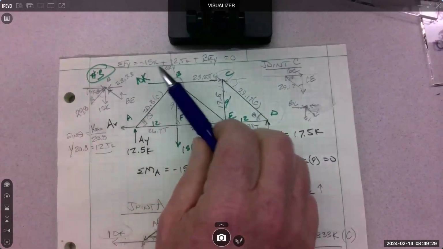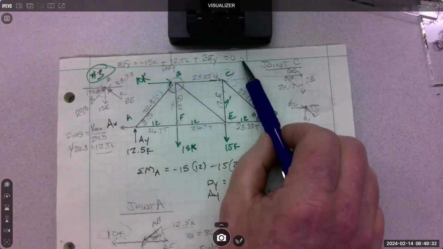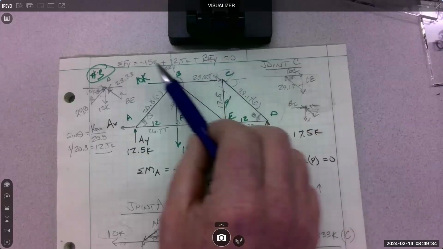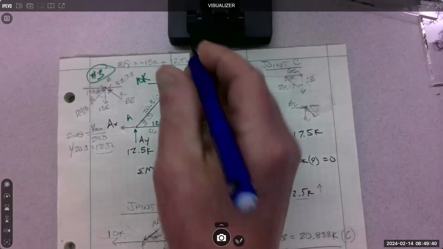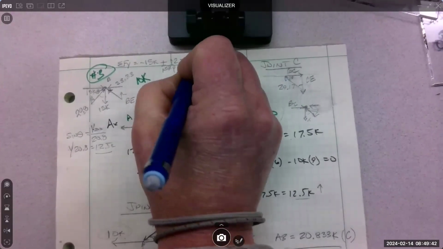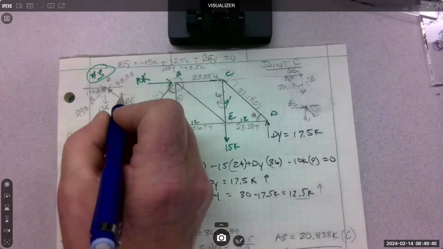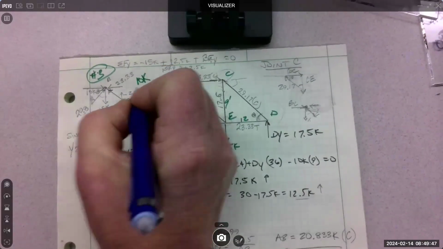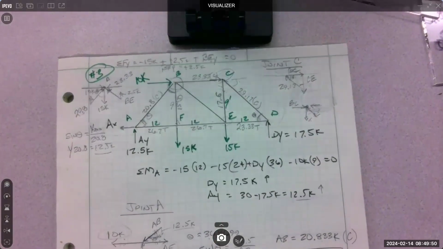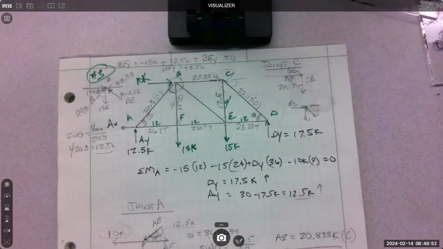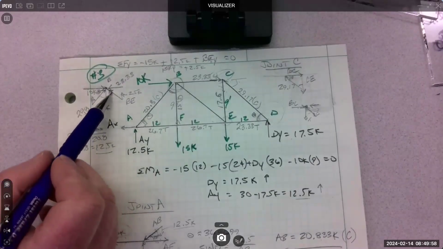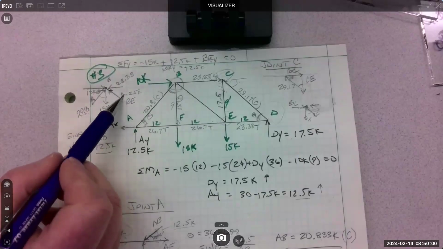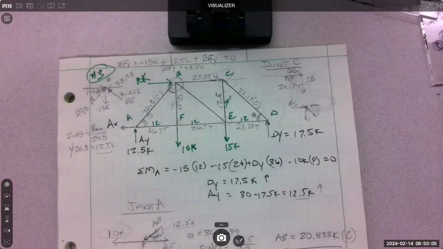The 15 negative moves over, becomes positive. 12.5 moves over, becomes negative. We have a positive 2.5K for this, this little component. It came out positive, so the direction's good. My assumption of it pointing in is correct because this is correct. And when a component's correct, then your hypotenuse is correct.